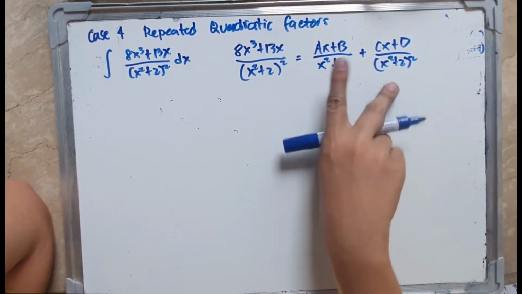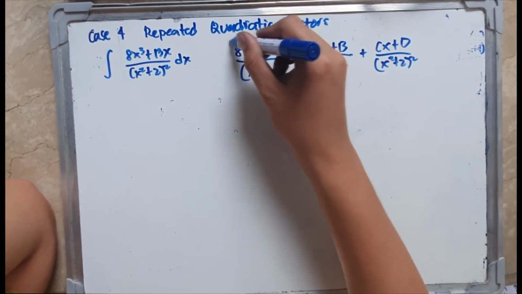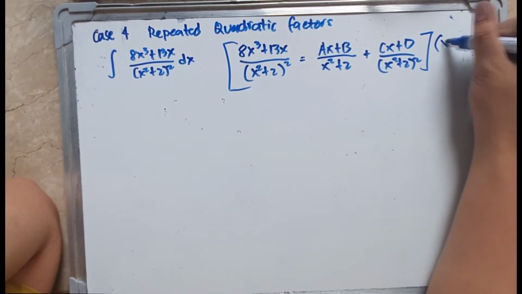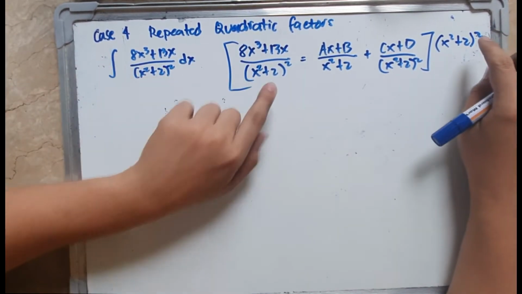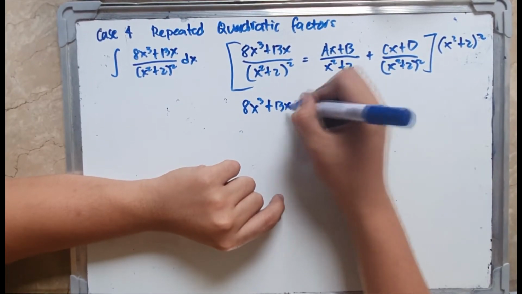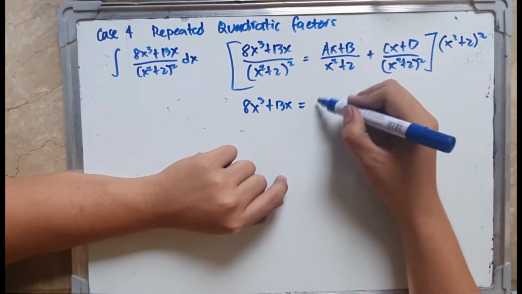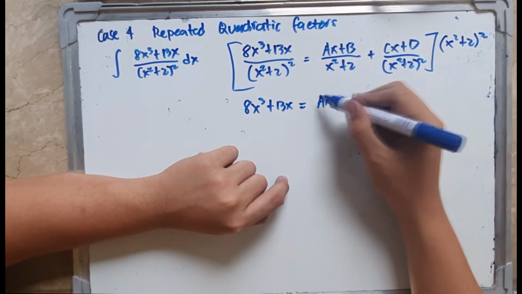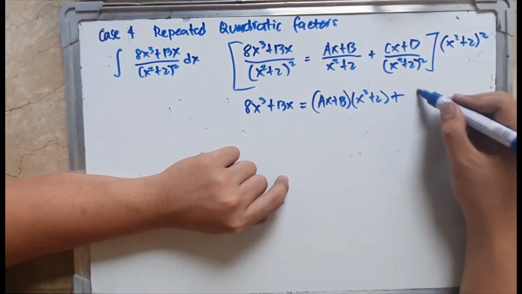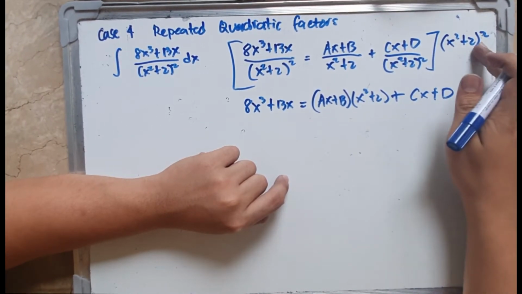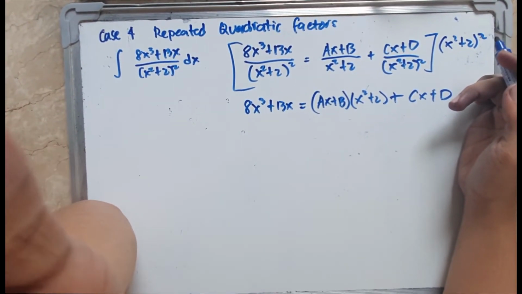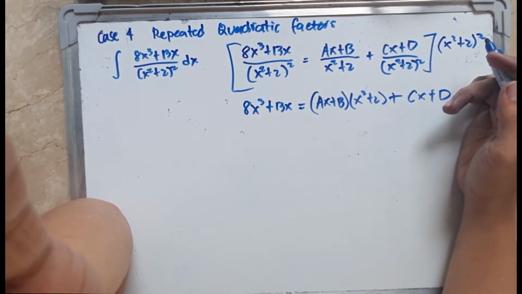Okay, the same process we did for repeated linear. Multiply by x squared plus 2 squared, the denominator. Multiply it here, we now have 8x cubed plus 13x. Multiplying it here, ax plus b with x squared plus 2. And we have cx plus d. This one will just cancel the denominator. Again, according to the guidelines, we will be expanding this one.